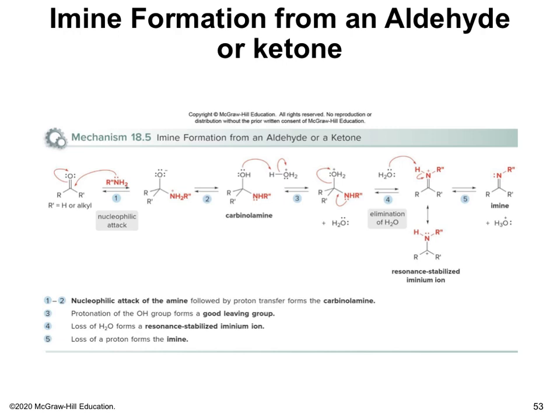So this is the mechanism, and I don't agree with this mechanism, so make the correction. First thing you're going to do is get protonation. So you're going to get protonation because you have a weak nucleophile.